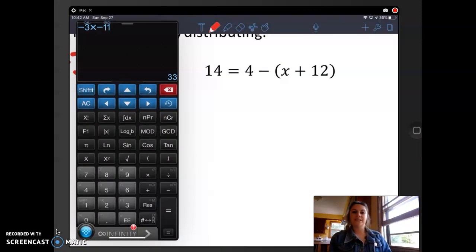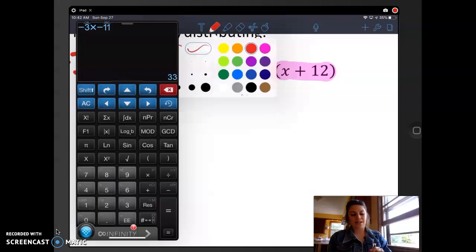All right, so we see that we have parentheses. They're on the right-hand side. So I'm going to highlight everything that's in the parentheses. And this one's extra tricky because we don't see anything in front of the parentheses, but there's a secret 1 there. And actually, it is a negative 1.